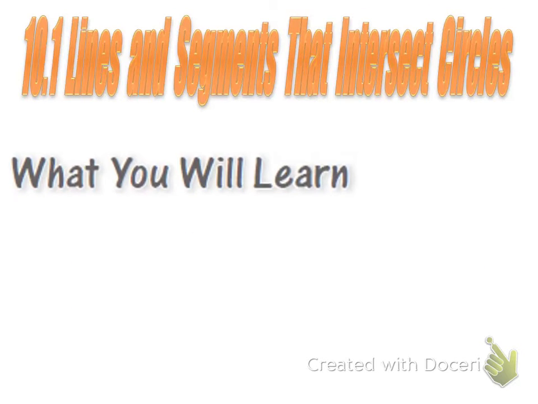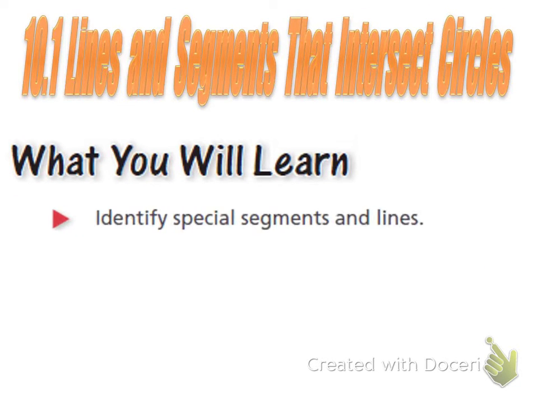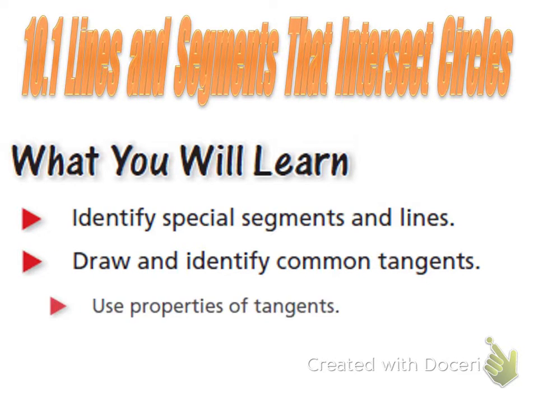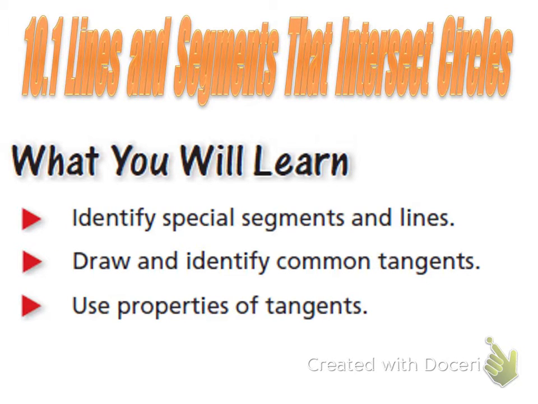So, a circle. Can someone tell me what makes a circle a circle? 360 degrees. It is 360 degrees, but it's not an angle. Does it have to have a radius and a diameter?